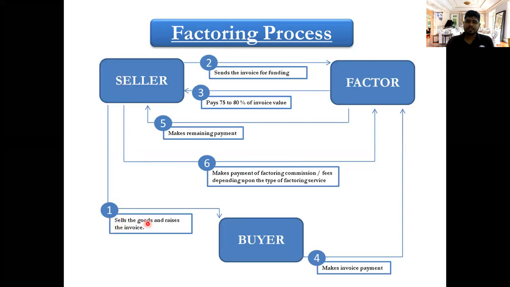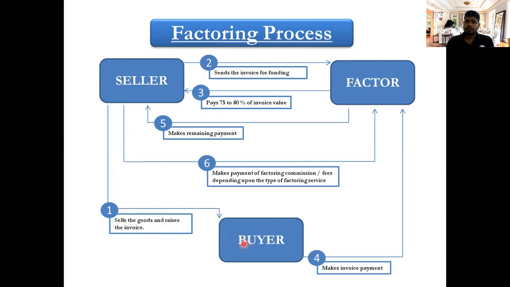First it sells the goods and raises invoices, right? Once they make sales, the second step is that sellers go to the banks. The bank will act as a factor. The seller sends the invoices for funding.